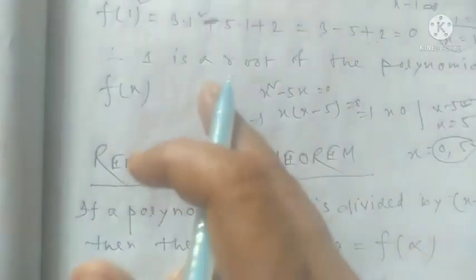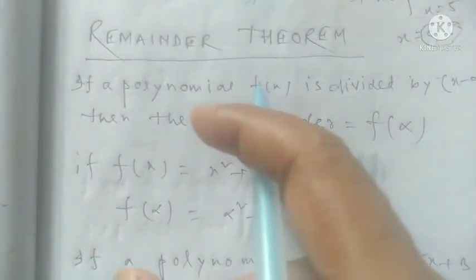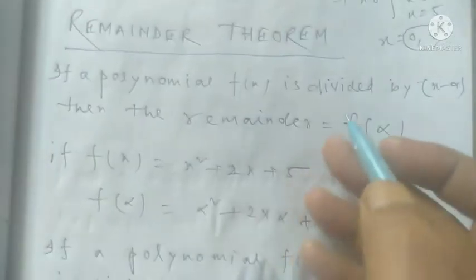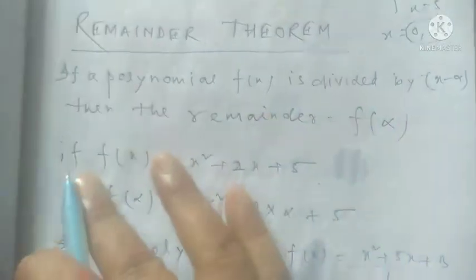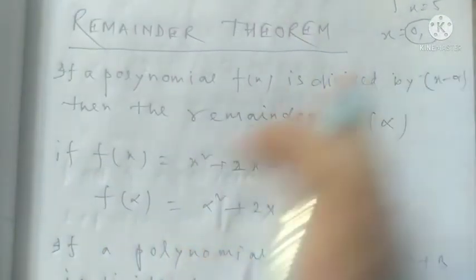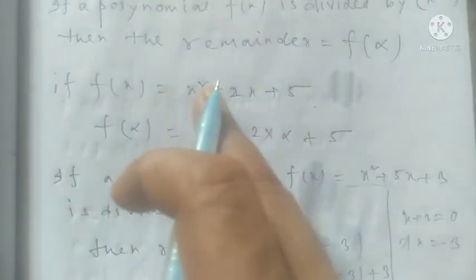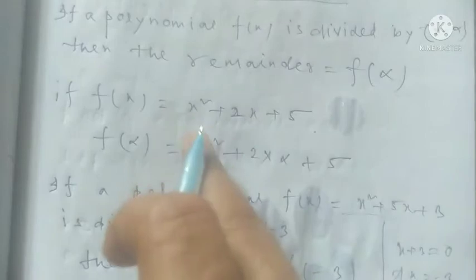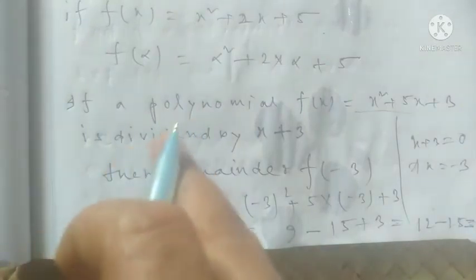I am telling you two or three times what the remainder theorem is. If a polynomial f of x is divided by x minus alpha, a non-zero polynomial, how do you find the remainder? If we explain with an example, then you can easily understand.